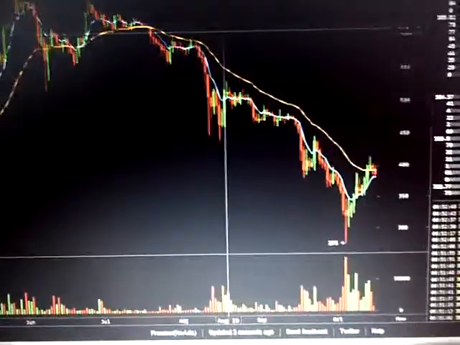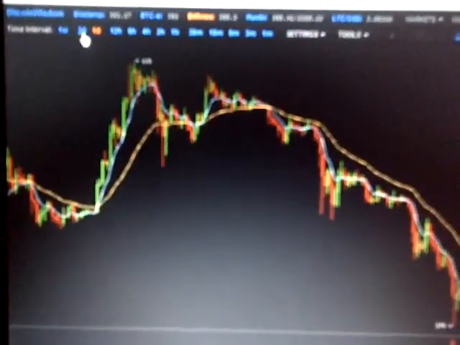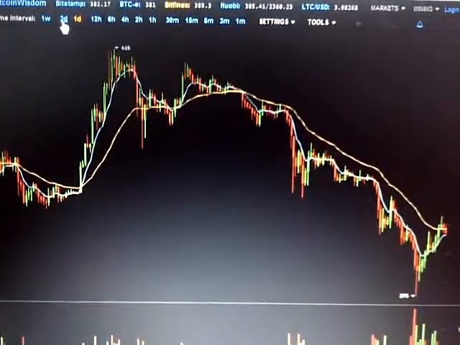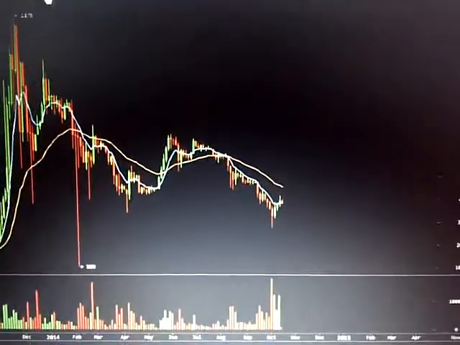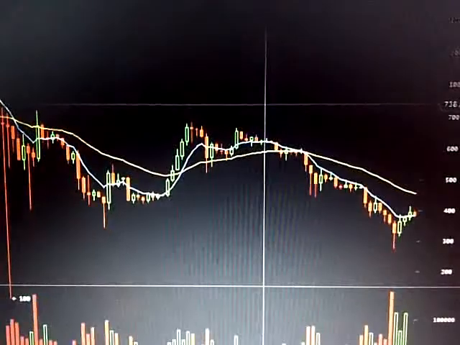Now, if you pull back even further, I'm going to pull back from a daily into a 3-day. Let me try to see if I can zoom in. There's not much info here.